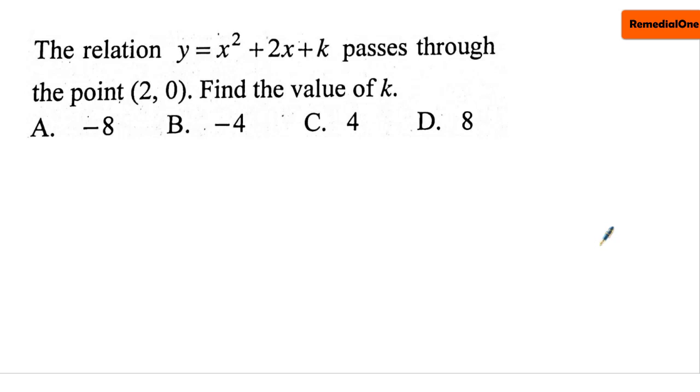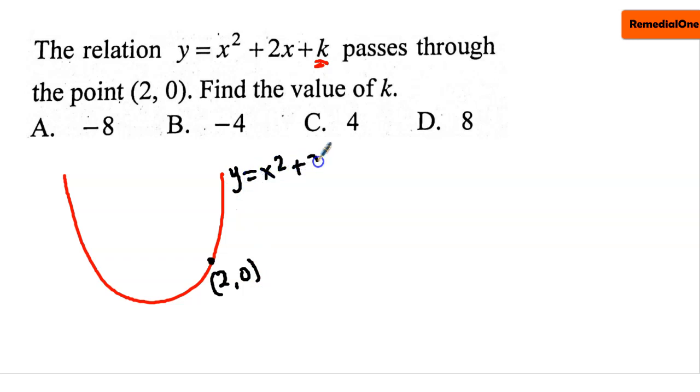Yeah, so let's look at this one too. They have given you the equation, and then they are giving you one of the points on the parabola, and they want us to figure out the constant k. They are telling us that one of the points is (2, 0). So this is the equation, and they are telling us that this point is on it.